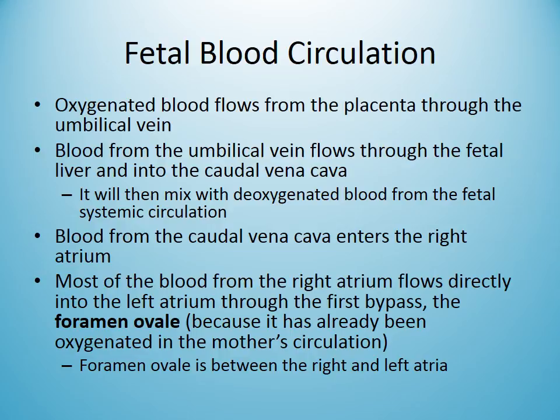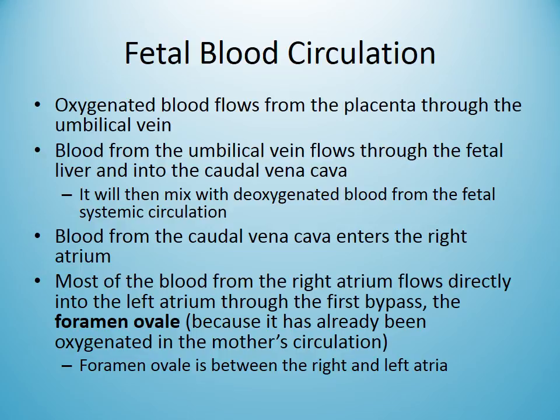That's no different than our circulation. Most of the blood from the right atrium flows directly into the left atrium through the first bypass. Typically in our heart, the atria are separated by the interatrial septum. These fetuses do not have that septum, and they have a bypass there.